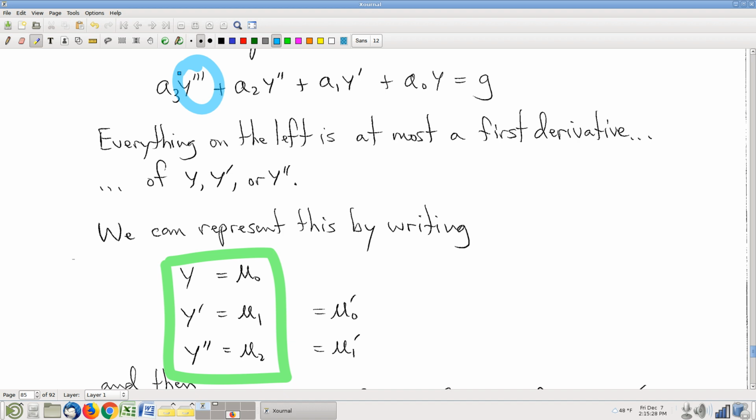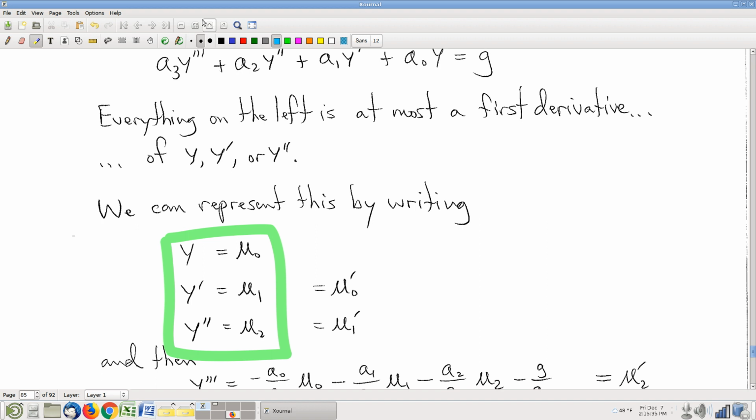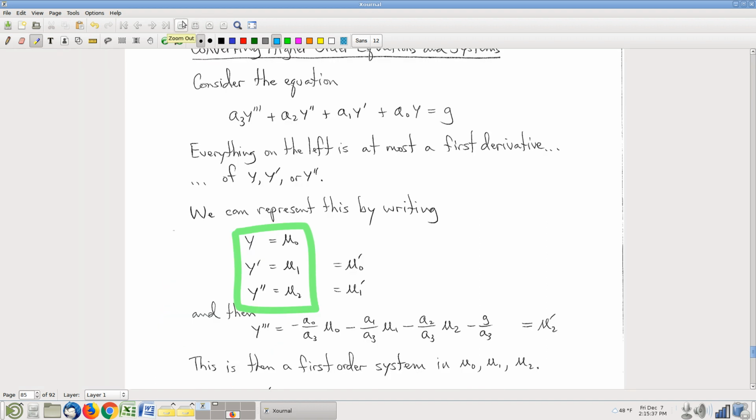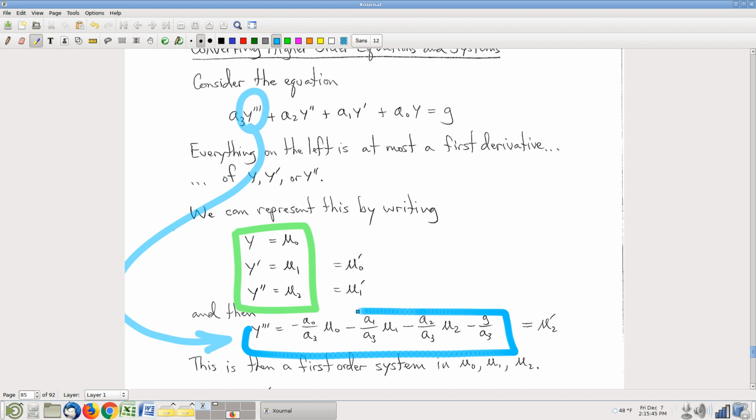Okay, so in fact, I guess I have to zoom out one notch here. I can solve for y triple prime there. Whoops, let me not get ahead of myself. There's y triple prime.